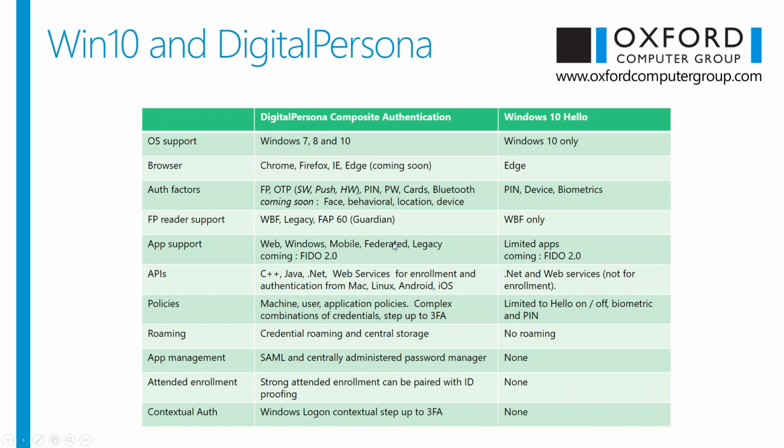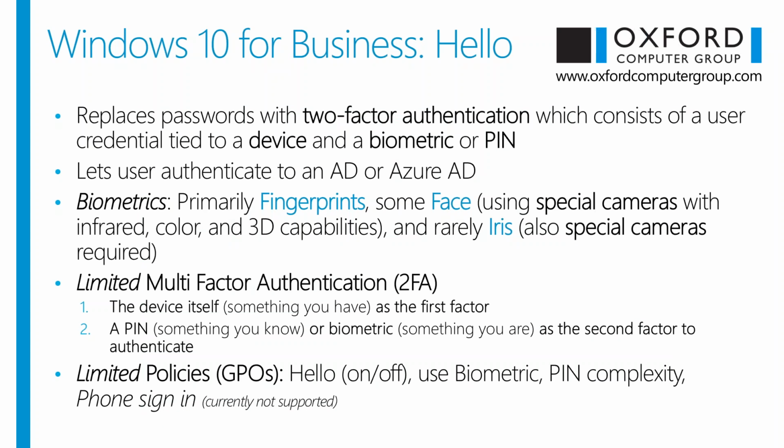And there are a lot of questions out there on Windows 10, Windows Hello, and Windows 10 for Business specifically. And why don't I just use that going forward? As I mentioned, Oxford and Crossmatch, we love Microsoft. We work great in Microsoft environments.